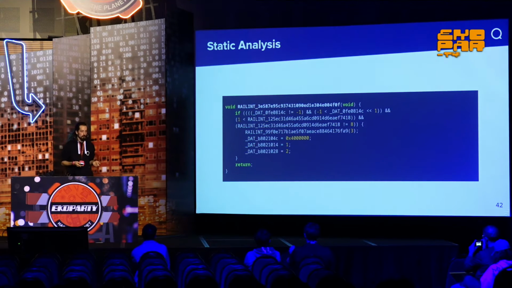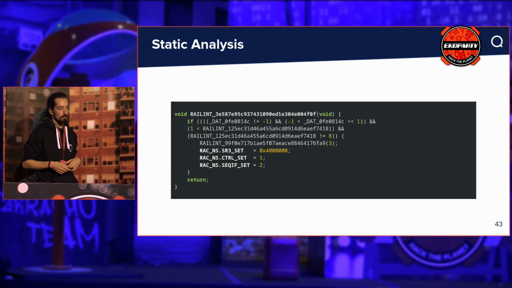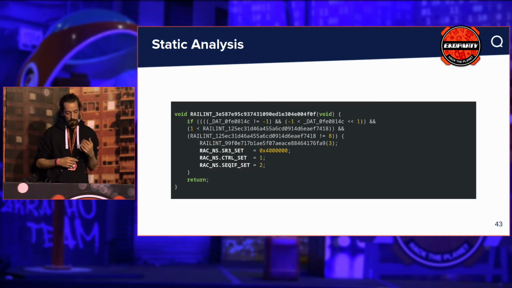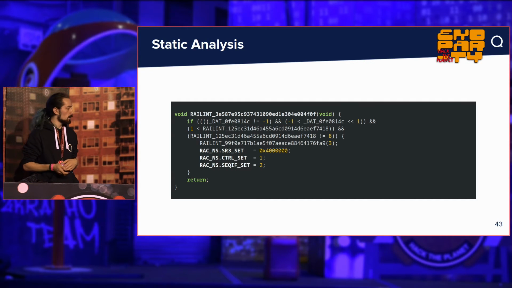So the first thing we did was to look on the internet for some information about these peripherals. And we found some, both on the internet and in some hidden Python code inside the IDE of Silicon Labs. Using all this information, we were able to create a Ghidra loader that maps some of the peripherals. And now we know that this function is trying to set some registers inside the radio controller.